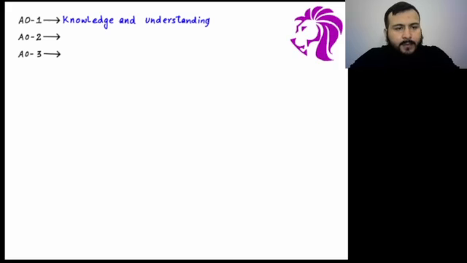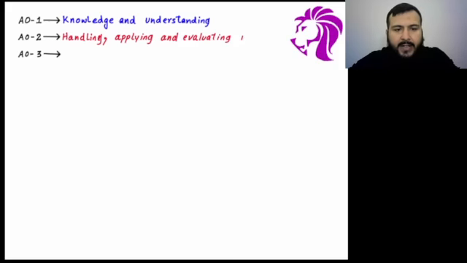How many? 3 assessment objectives. Assessment objective 1 is knowledge and understanding. Assessment objective 2 is handling, applying and evaluating information. Assessment objective 3 is experimental skills and investigation.